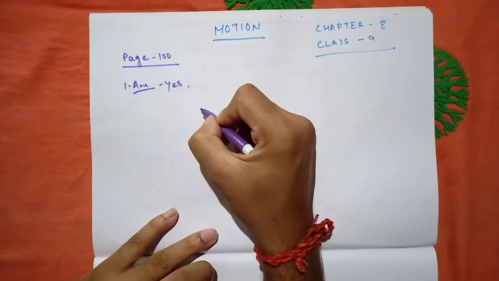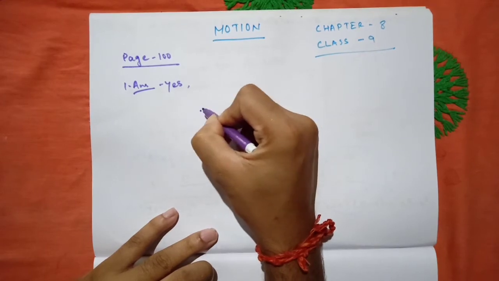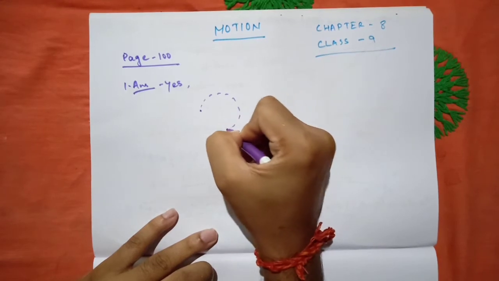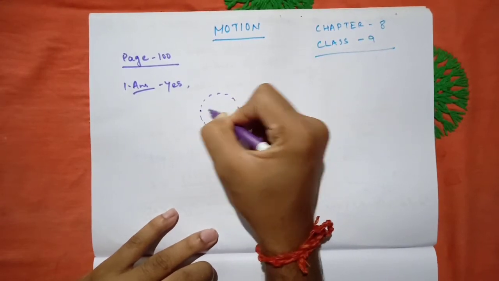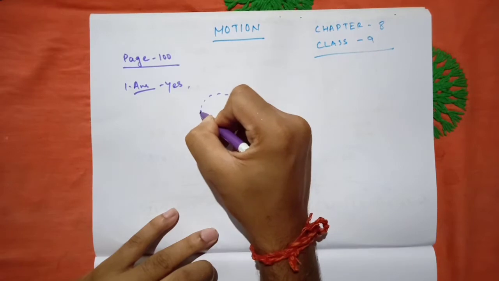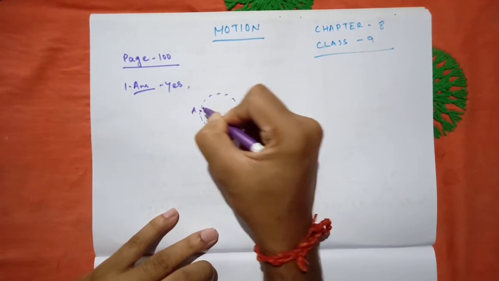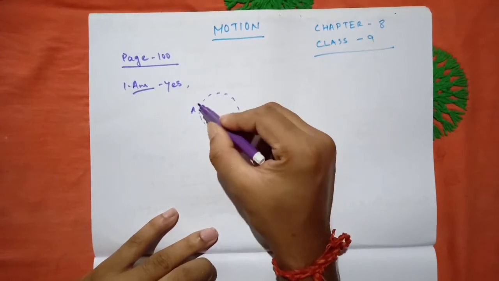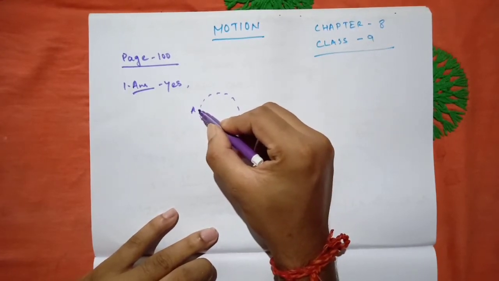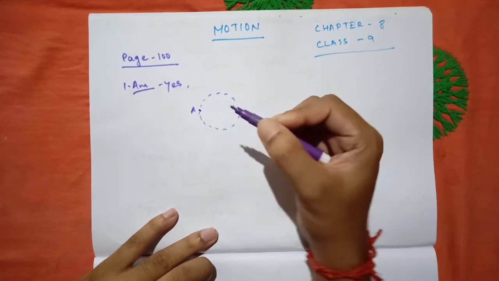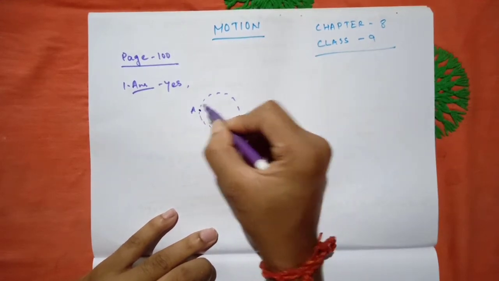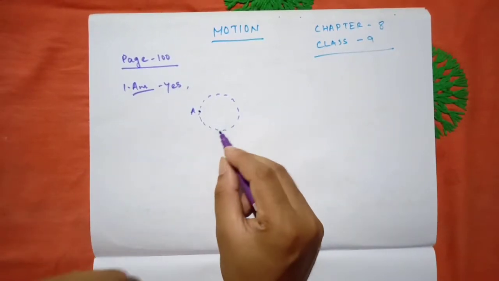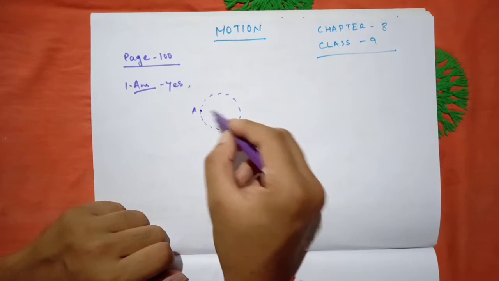Which means if an object travels a circumference, this is the distance, and comes to the same point A, its displacement becomes zero because its initial point and final point are the same point. So this was to justify my answer.